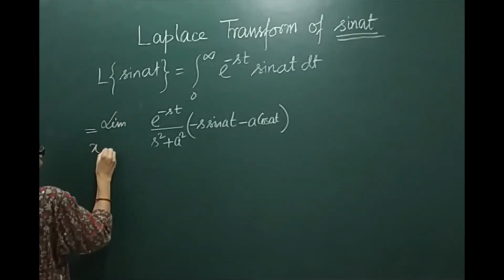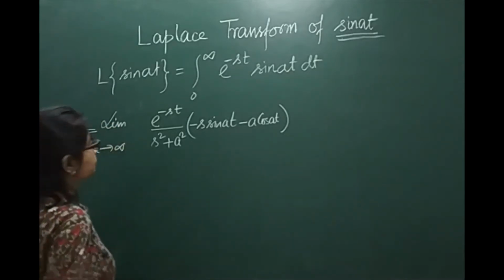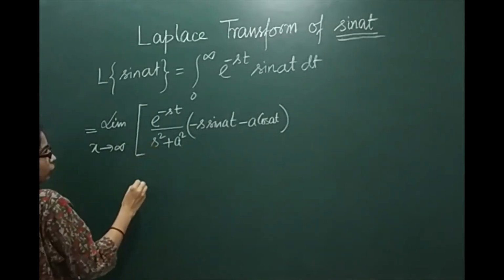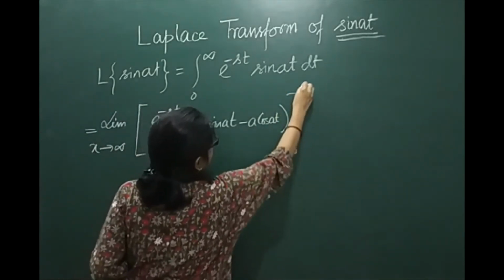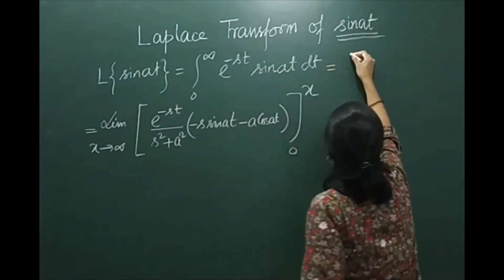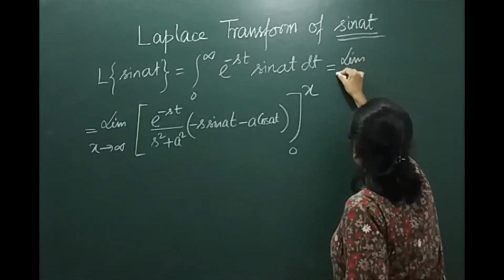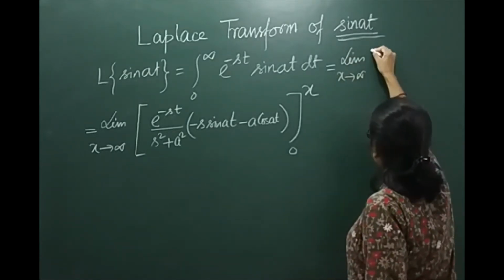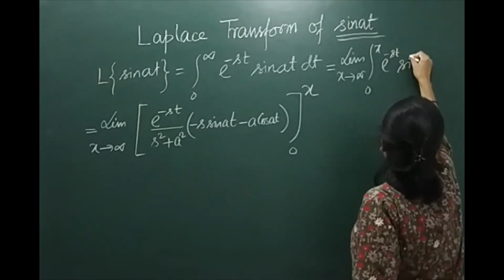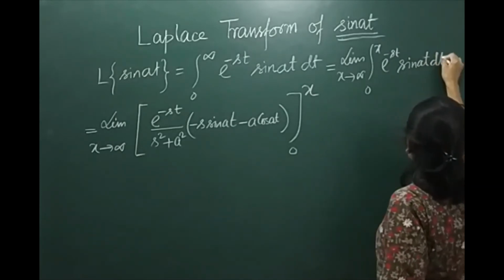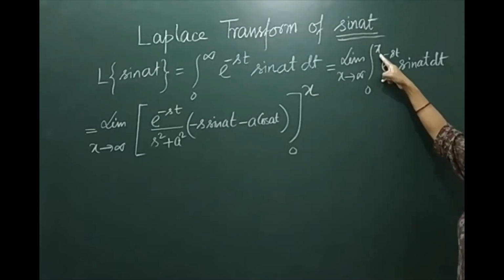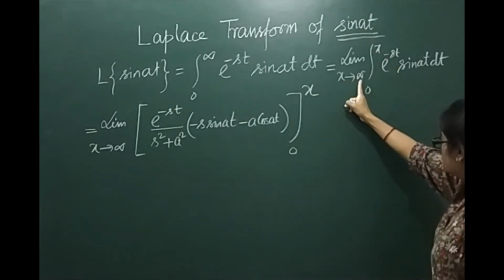Limit x tends to infinity, and the integral from 0 to x of e^(-st) sin at dt. Look here, we have taken a finite number x, and this x tends to infinity.